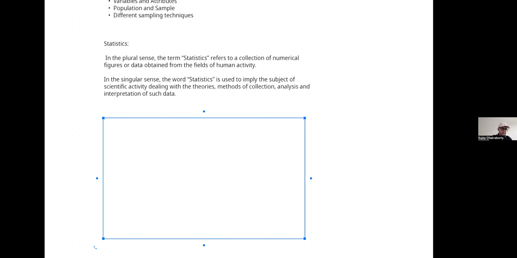Statistics can be used to analyze only collective matters, and not individual events, right?